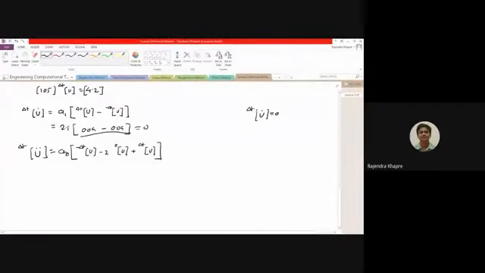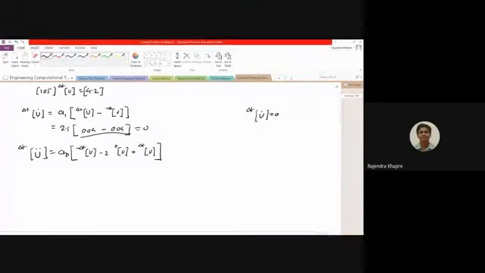So all three displacements, at minus, 0 and plus, are there in this expression.